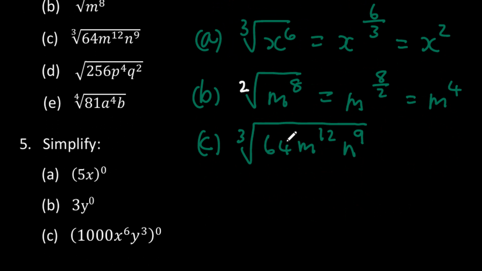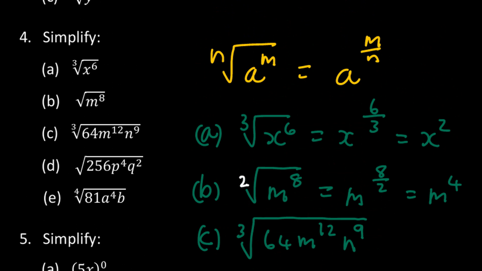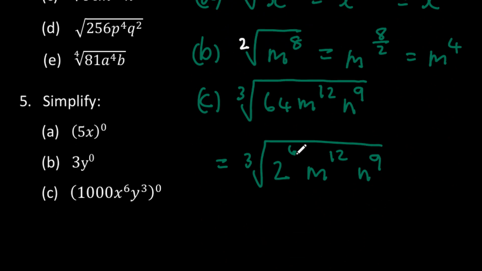Here we're first going to use prime factors for 64. So we know that 64 is 2 to the power of 6. Then in applying this law, we can divide all of the powers under the cube root by 3. So it's going to be 2 to the 6 over 3, m to the 12 over 3, and n to the 9 over 3.